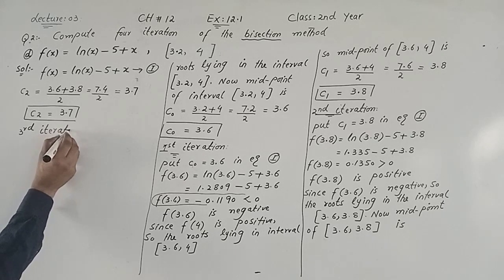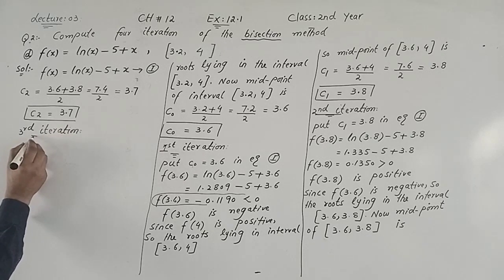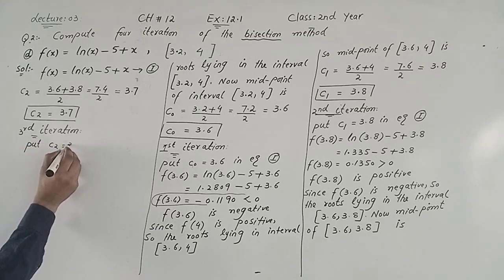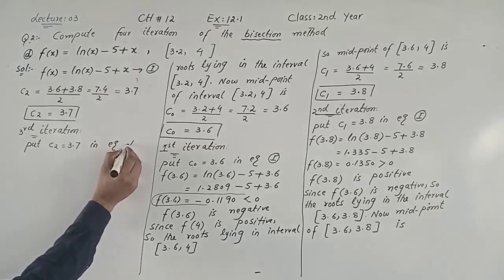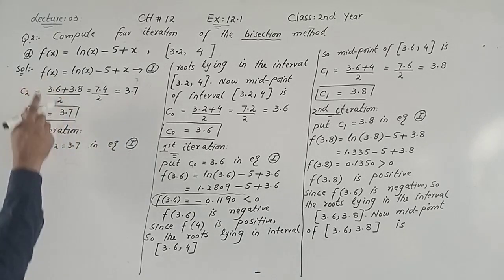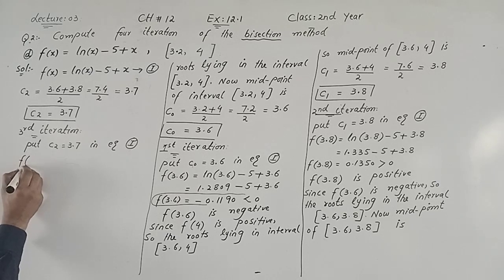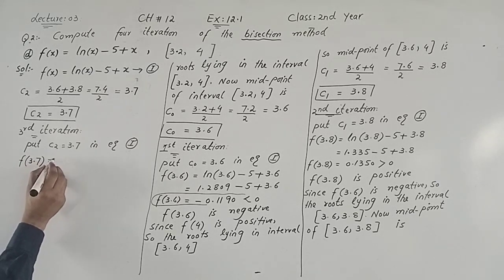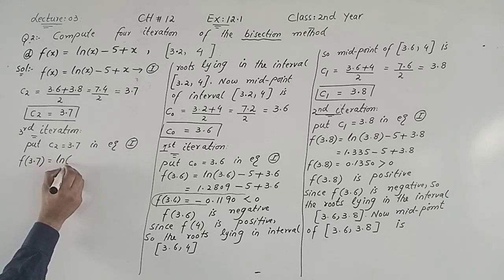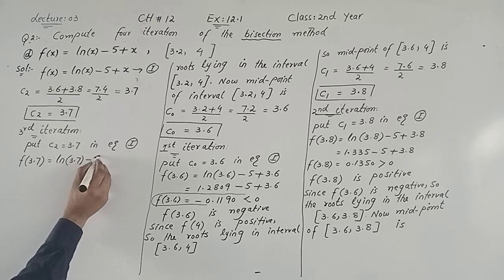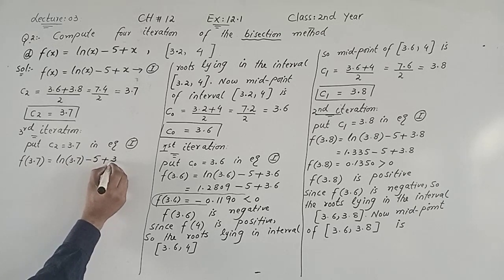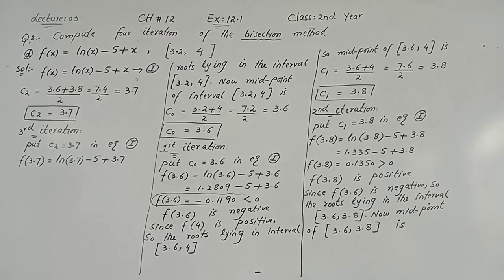Third iteration, put C2 which is 3.7 in equation 1, तो हमारे पास आ जाएगा f of x की जगह 3.7 is equal to log of 3.7 minus 5 plus 3.7.